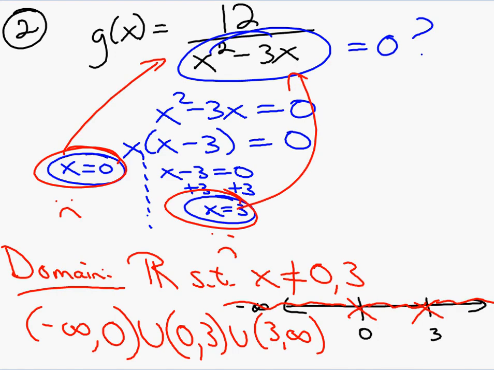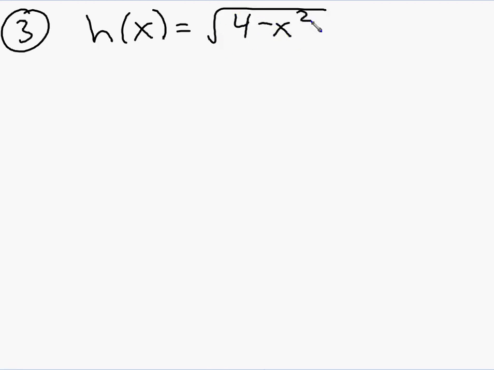How about this function? Let's see, that was number 2, this is number 3. How about if I have h of x equals the square root of 4 minus x squared? Now remember, we cannot take the square root of a negative. Okay?